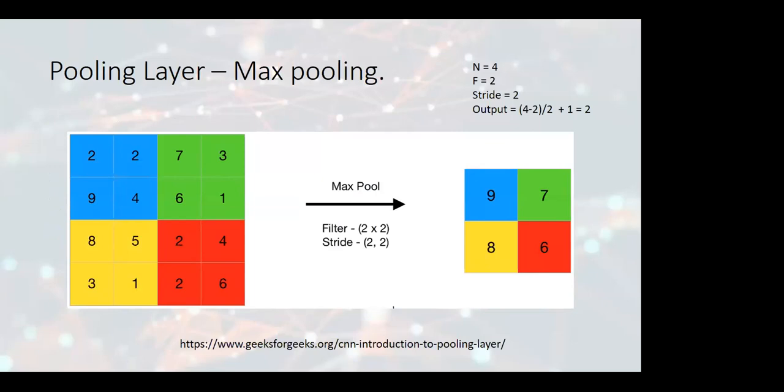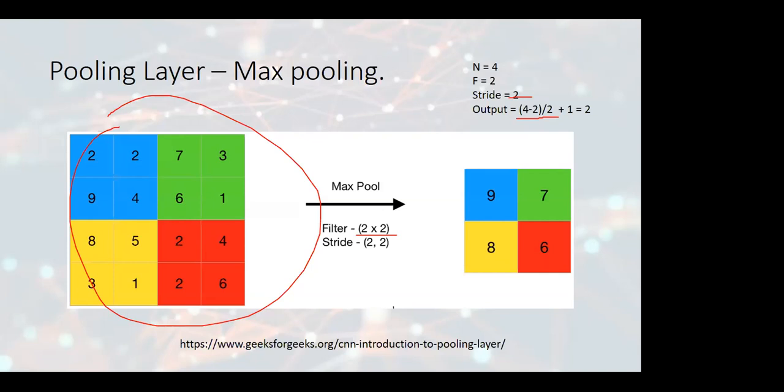So max pooling is a fixed operation where you have an input image of, let's say, size 4 by 4. Here, as John asked, we can use a stride of 2. If we have a filter of size 2 by 2, our formula essentially becomes 4 minus 2, divided by 2, plus 1.